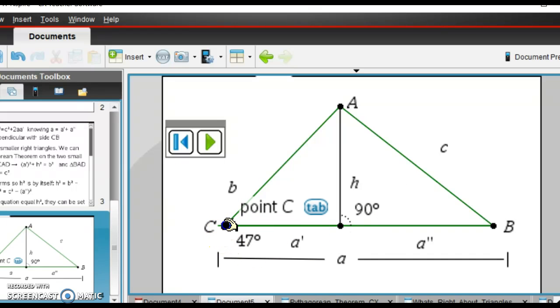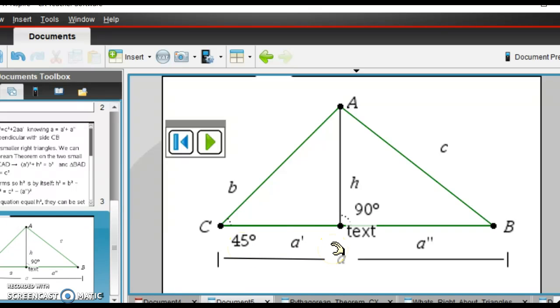And currently my C is at 45 degrees. So what I want to show with this is that we are to move point C so that the angle between A, C, B becomes 90 degrees.